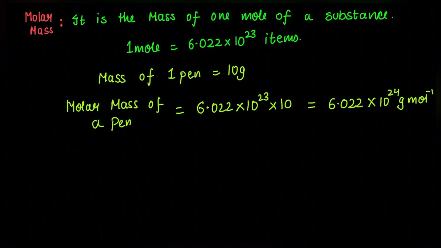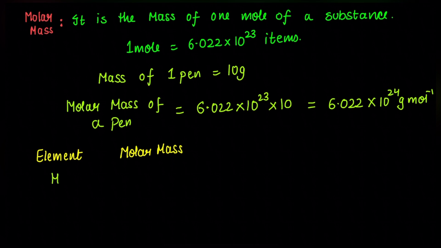But to do that, first of all, we must know the molar mass of a single atom. So we will write the element symbol and the respective molar masses. Let's start with hydrogen.